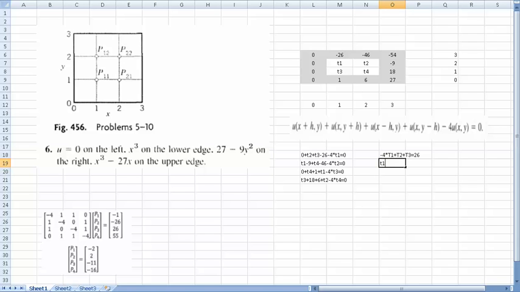T1 minus 4T2 plus 0T3 plus T4 is equal to a 46 minus 9, minus 46 and a minus 9 is a minus 55 on the left. That's going to equal a positive 55 on the right.